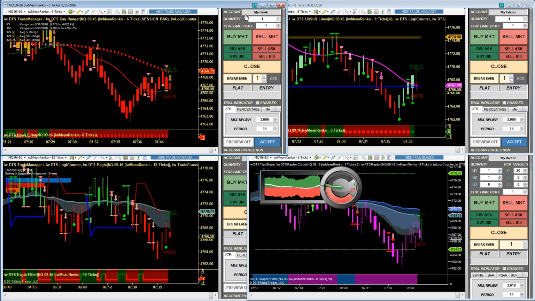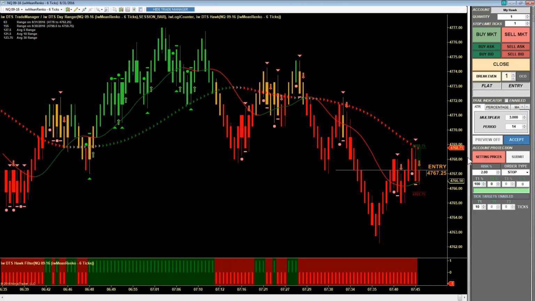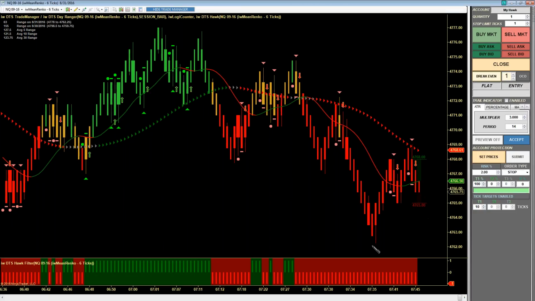Oh, and we're getting a macro pullback here in the Hawk. Now, I've been showing you a lot of Hawk signals here this morning. It stands to reason, though, when the market's like this, we're going to get a few more scalp signals, perhaps.